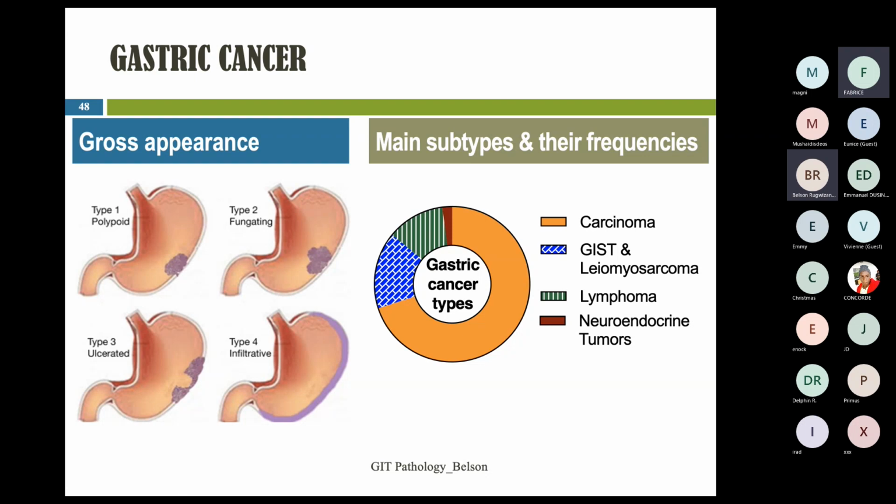Kandi ziba zisa na carcinoma zisanzwe. You have to be a thorough pathologist kugira ngo ubashe kubona ko ari neuroendocrine. So hari ibintu tureba muri chromatin. Hari ibyo bita salt and pepper chromatin, bimeze nk'urusenda ruvanze n'umunyu, uko ubivanze niko chromatin isa.